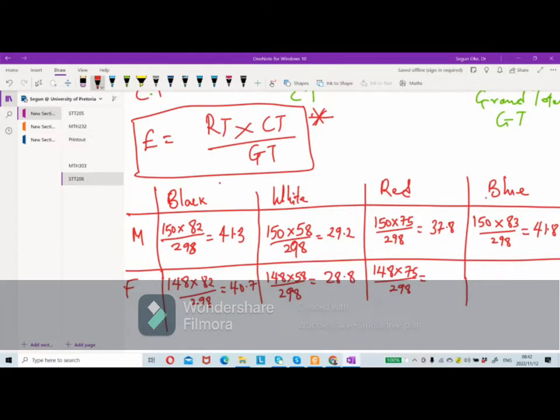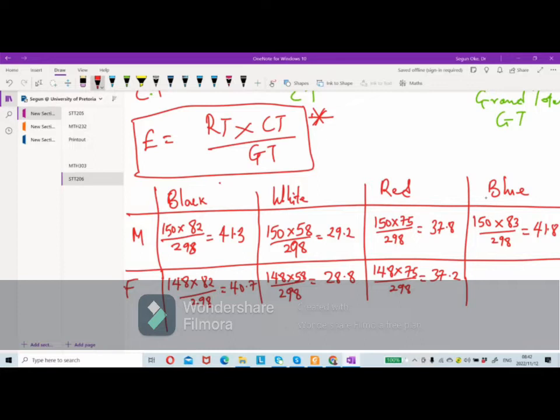Yes, next will be 75 times 148 divided by 298. 37.25, which is 37.3. You don't need to approximate twice.